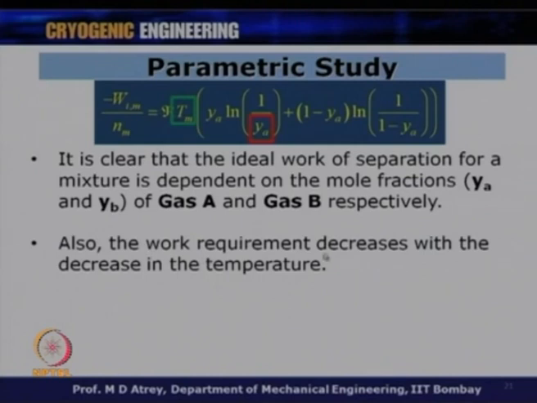Also, the work requirement decreases with the decrease in temperature. You can see the Tm value over here. So, depending on the quantities of Ya and Yb, the ideal work of separation will vary. Also, depending on the temperature of separation, the Wim by Nm value will vary.